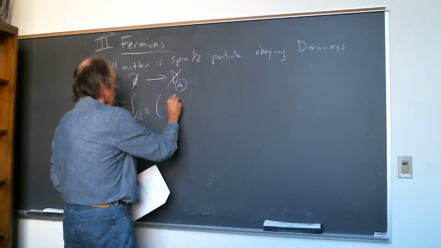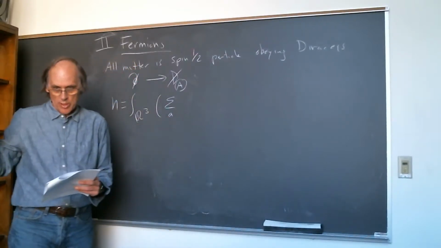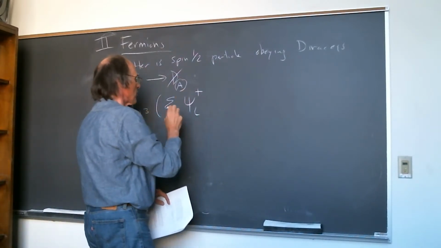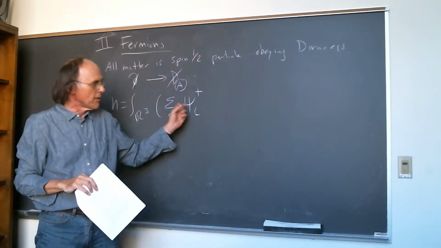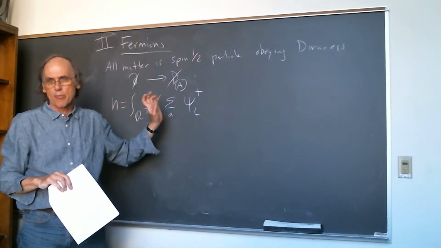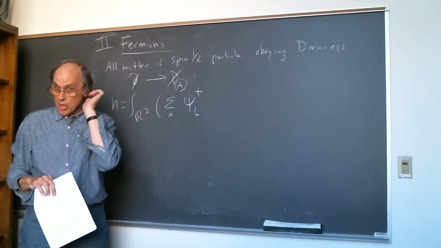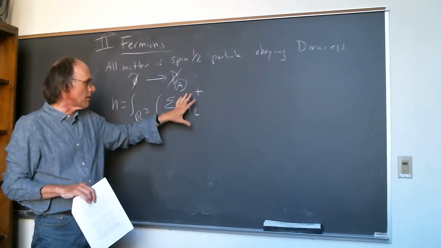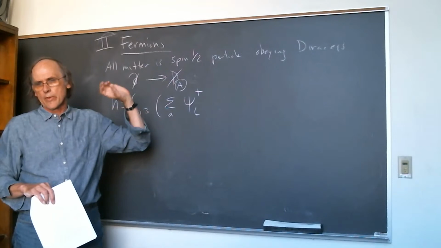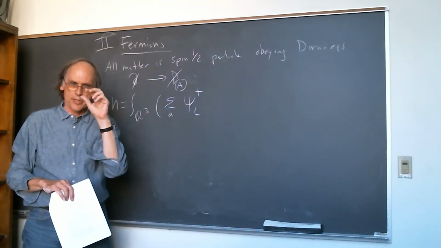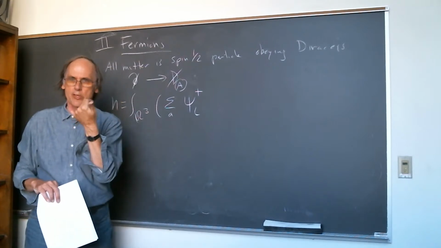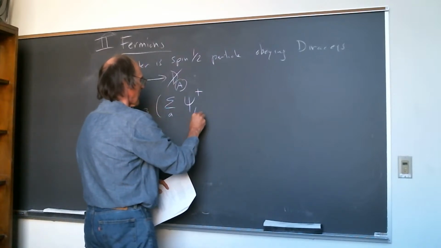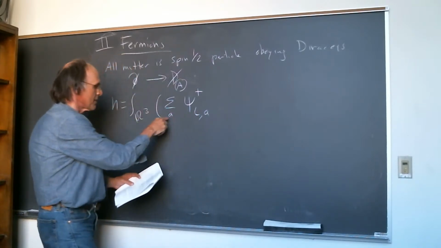So you're summing over these various choices of representations, and you've got a left-handed field. These always involve complex fields. I'm writing these out in terms of Weyl spinors, which are complex fields. As far as we know, you need these complex Weyl fields in order to get a notion of charge, to be able to couple them to the gauge fields. There are left-handed ones labeled by these different A's.